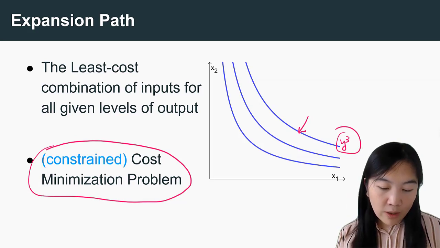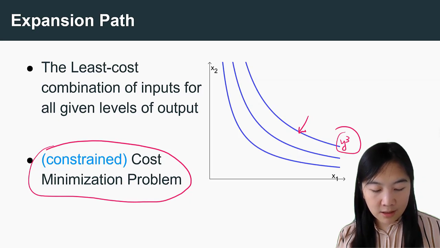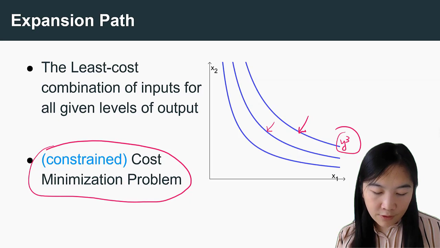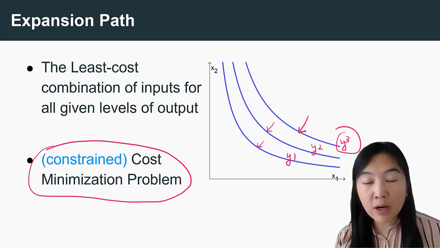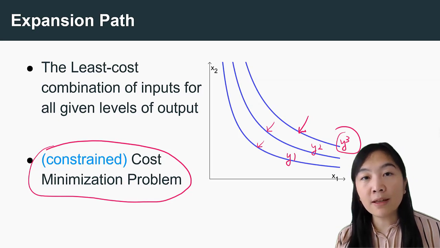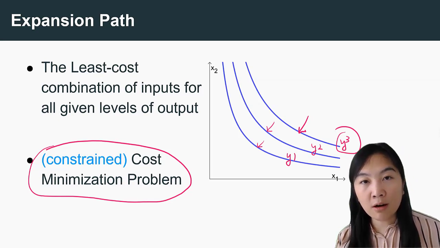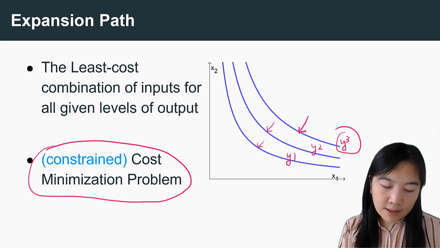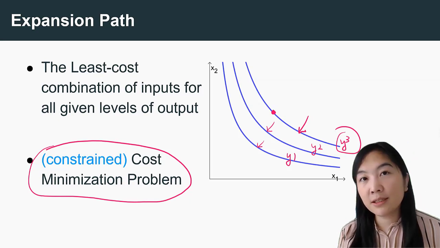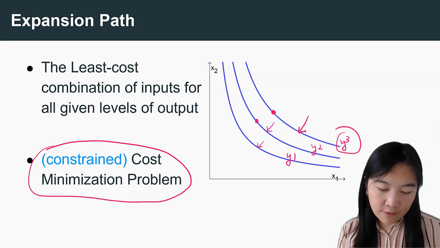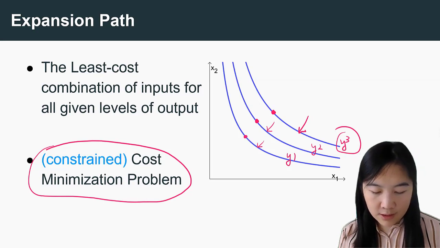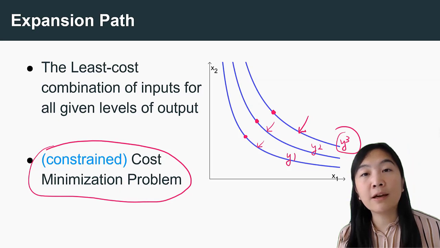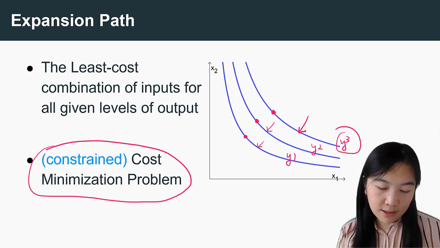And when we solve that cost minimization problem for all given levels of output, so for example for Y2, Y1 here, we find the combination for each level of output. For this output level, the least cost combination is here, and for this output level, the least cost combination is here.